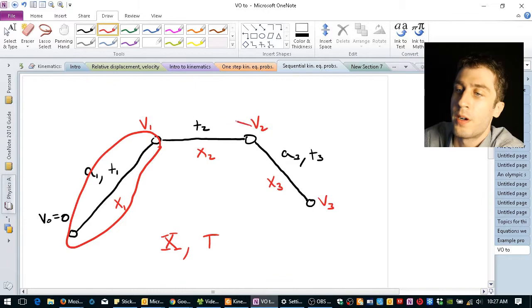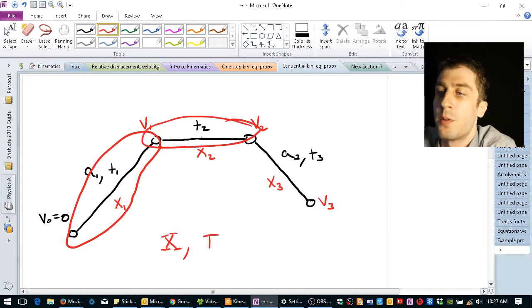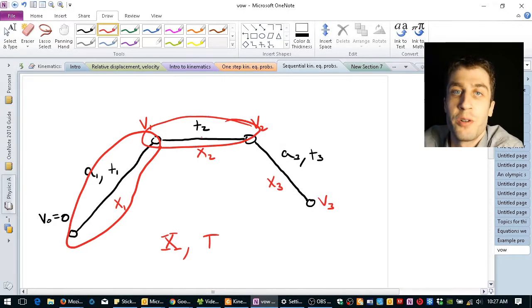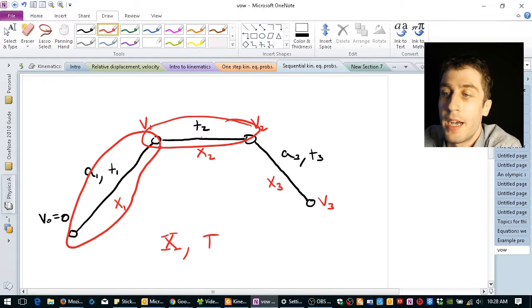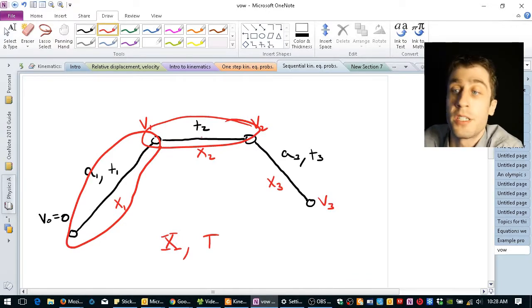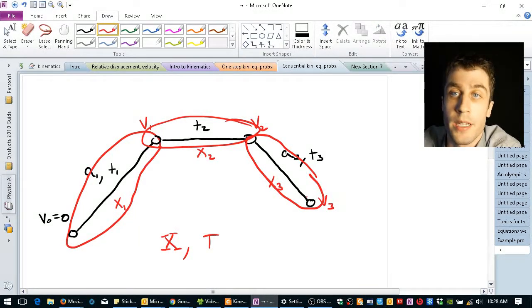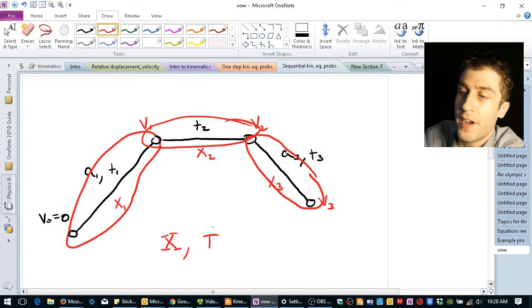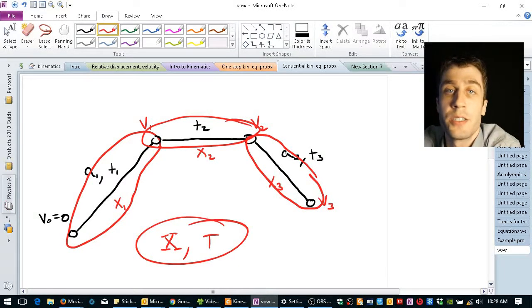For every horizontal leg, you're going to get two equations, and those two equations are going to be distance equals rate times time, x equals v times t, and then v1 equals v2, which you can see is going to explicitly show up here. And then here's another diagonal leg, so we're going to use two more kinematic equations. And then finally down here, we're going to use those last two equations.